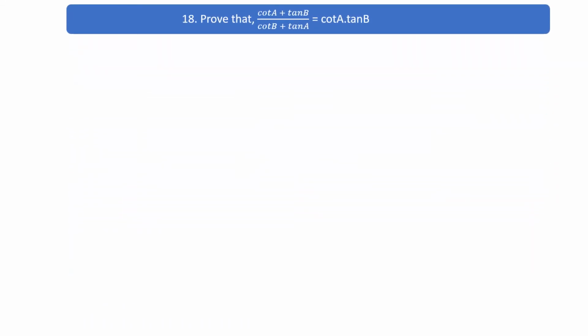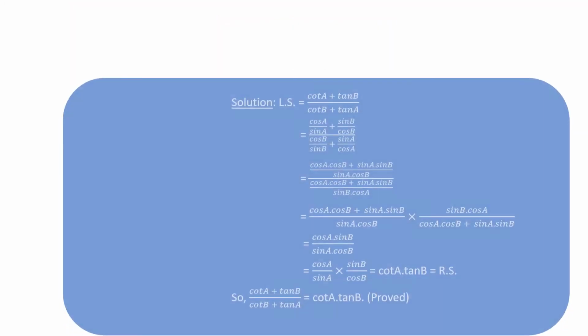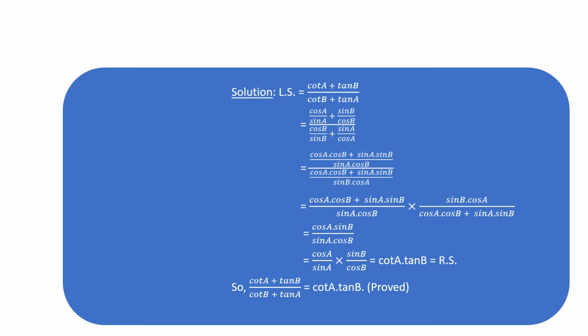Question number 18. Prove that (cot A plus tan B) by (cot B plus tan A) equals cot A into tan B. Solution. Left side: (cot A plus tan B) by (cot B plus tan A).